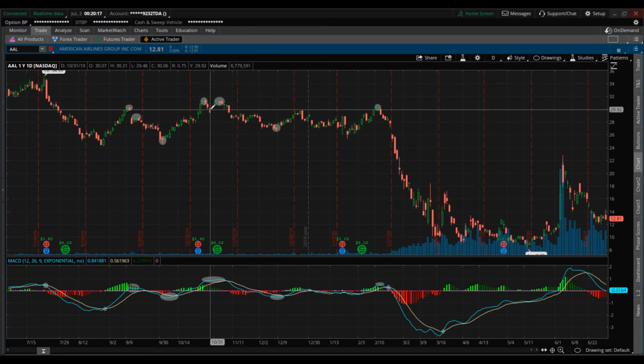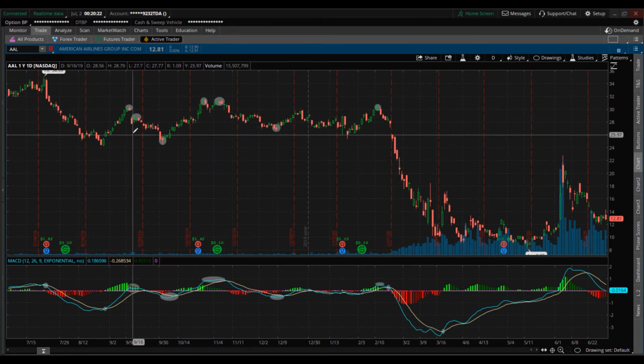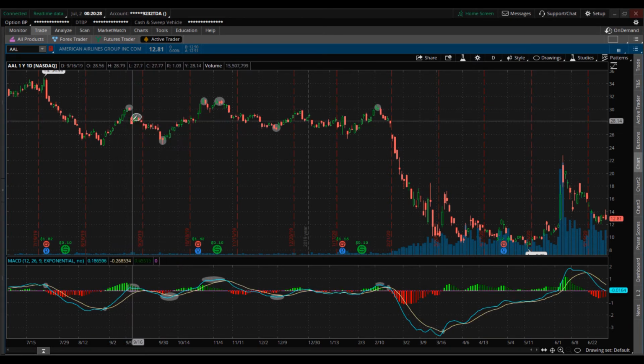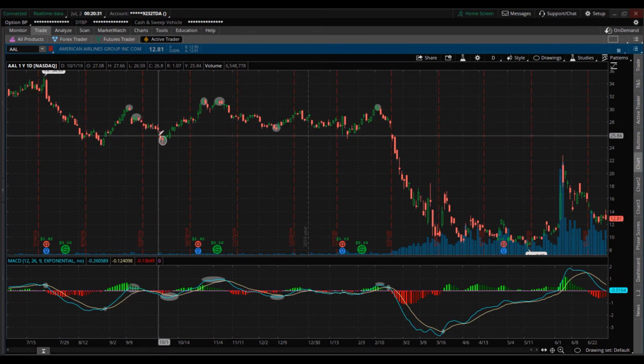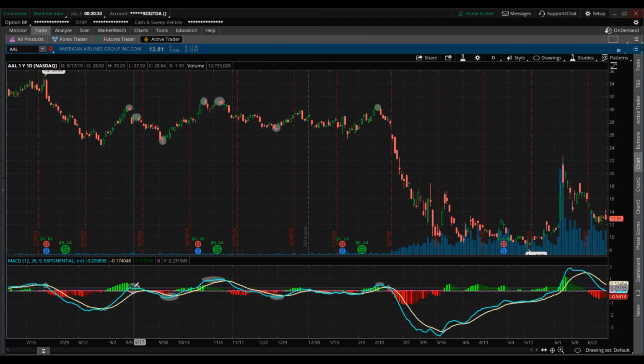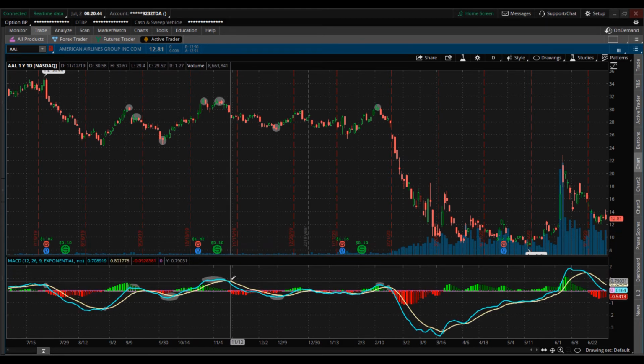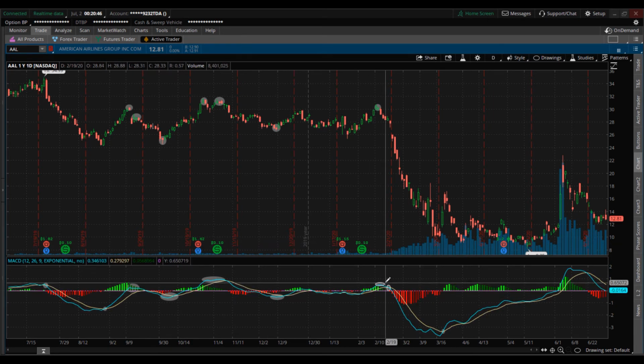Topped out once, downtrend, topped out one more time, downtrend. And finally over here, in this large peak area, peak, downtrend. One more peak, downtrend. And as you can see, after each peak, it's being confirmed soon after by a bearish crossover. Over here, bearish crossover. Last one over here, bearish crossover.